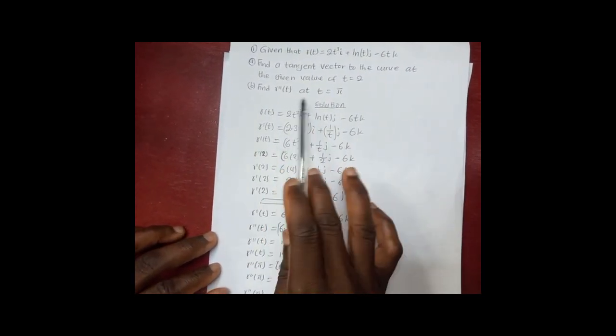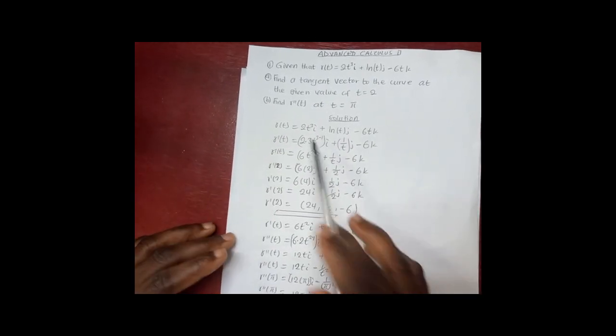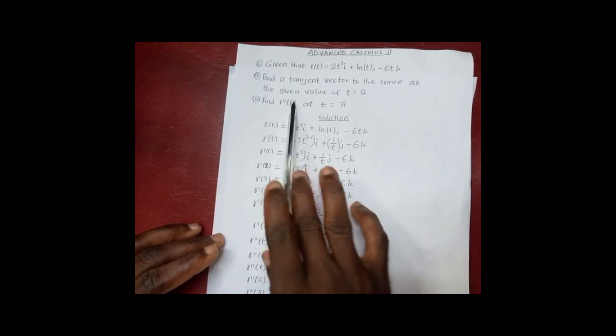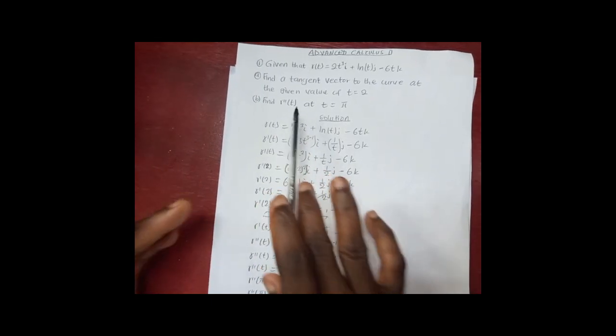Your focus is to find the first derivative, and after that you do the substitution. The same applies to the B part: you find the second derivative, and after getting it, you substitute the value given to you. If it is a third derivative, you do the same thing, then go ahead and do the substitution.